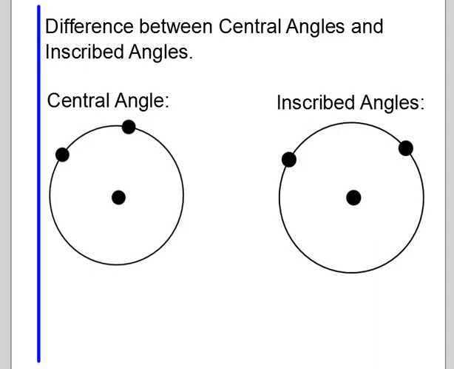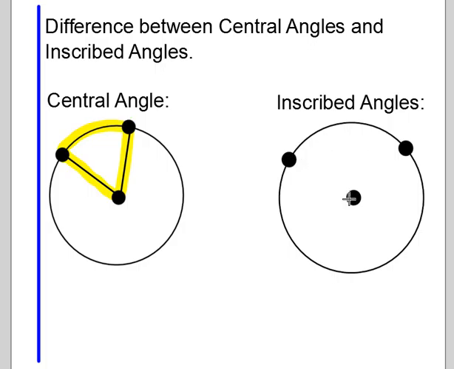We've also recently talked about central angles. Let's explore the differences between a central angle and an inscribed angle. A central angle is an angle that's formed by taking two points on the circle and connecting them to the center of the circle. This is what we call an inscribed angle. It does include an arc as well.